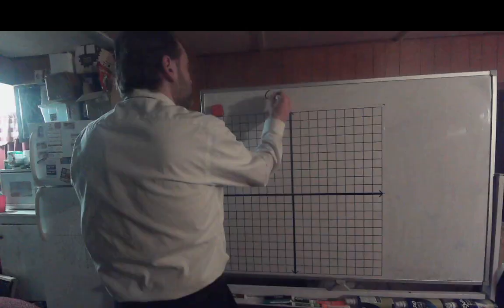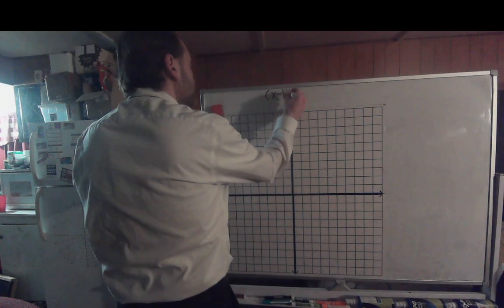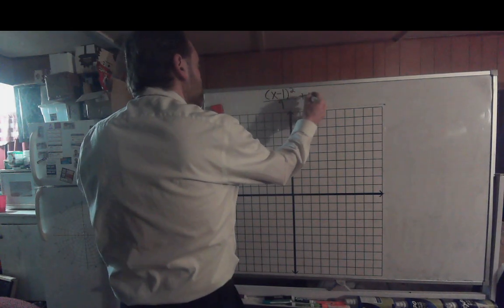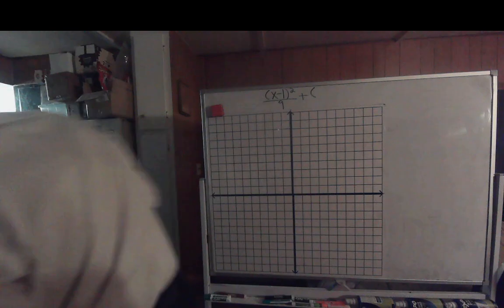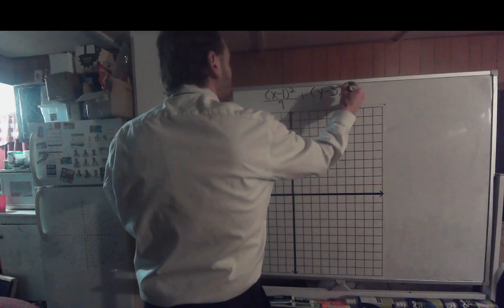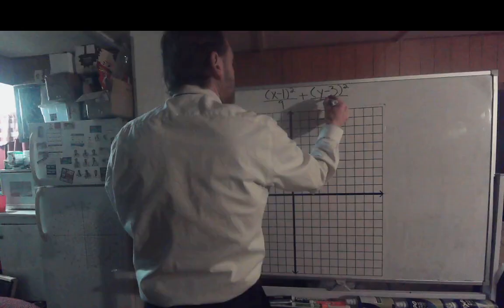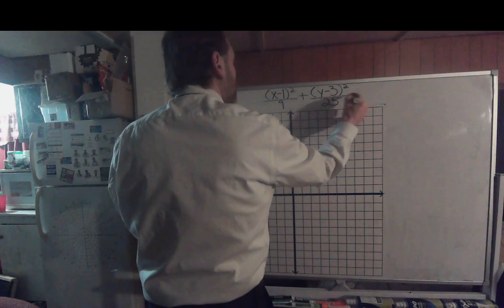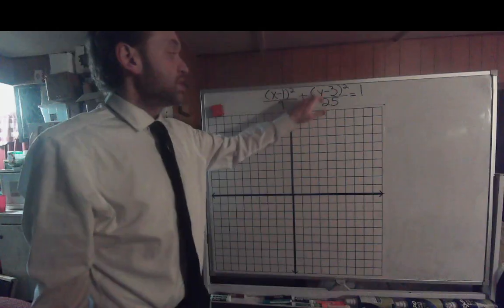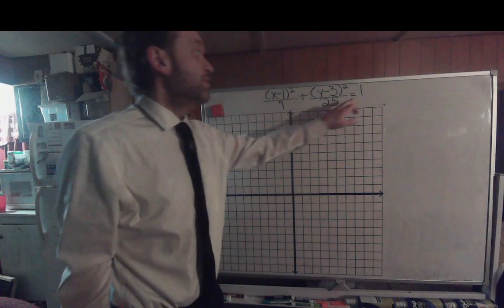So let's see. We have x minus 1 squared over 9 plus y minus 3 squared over 25 equals 1.